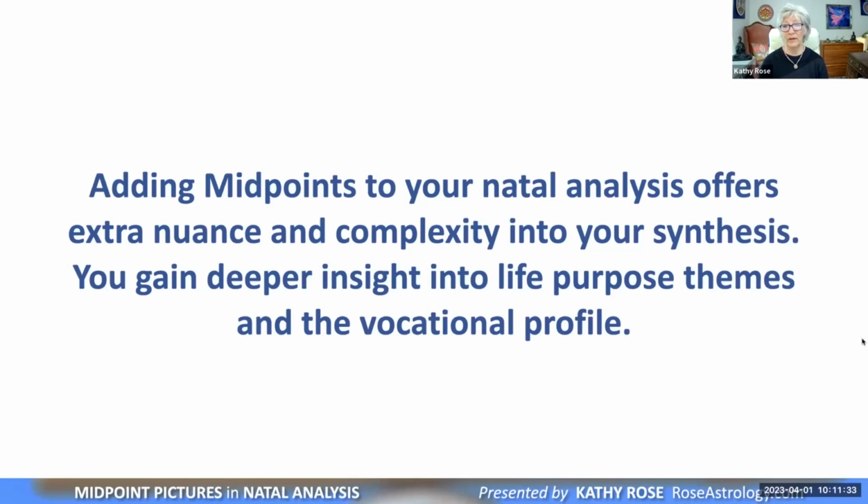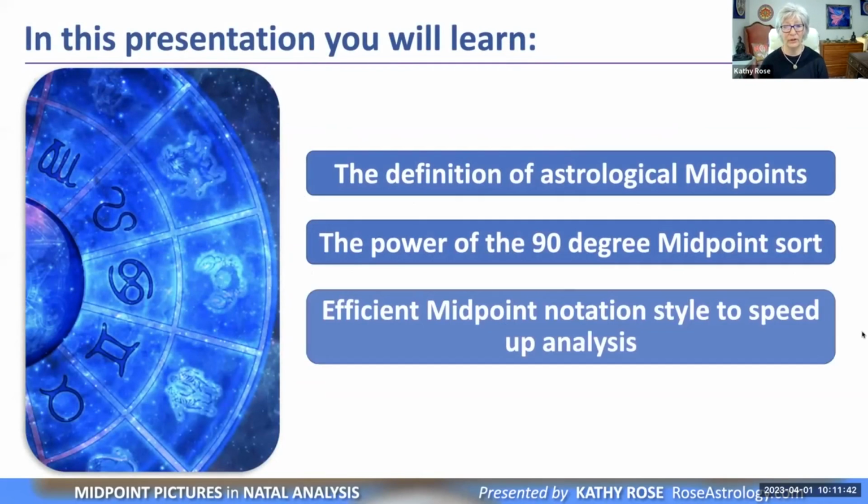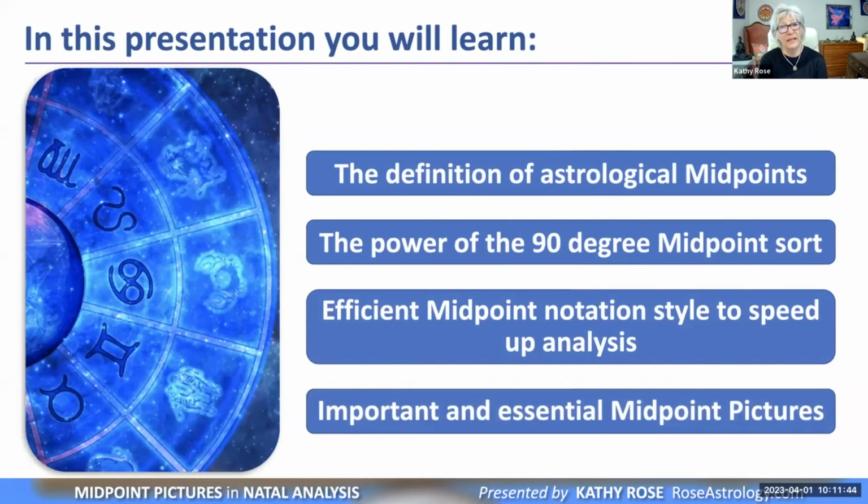Usually the themes are obvious, but when there are multiple themes showing up right off the bat, midpoints can be extremely helpful. And I'm going to cover all that. So in this presentation, you're going to learn the definition of astrological midpoints. We are going to be looking at the 90-degree midpoint sort and just what an amazing tool that can be.